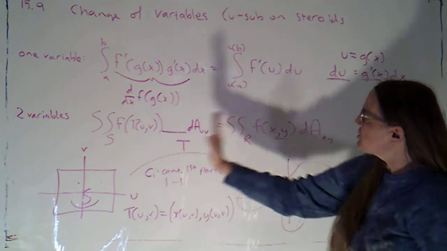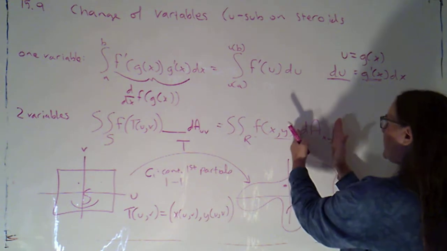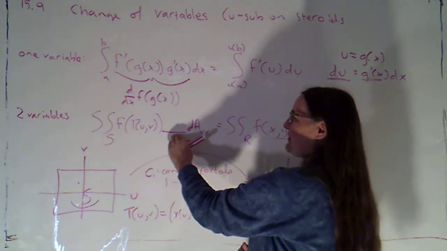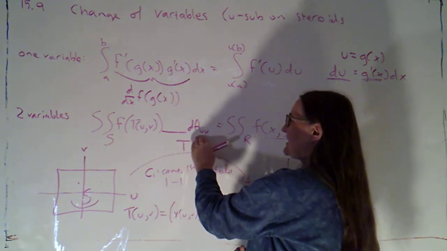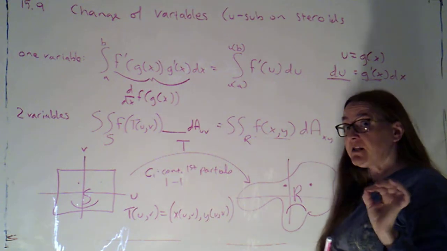When we do this change of variables, we're essentially working backwards, and so our dA in the xy plane expands to become this scaling factor times dA in the uv plane. Kind of similar to when we do a trig substitution.